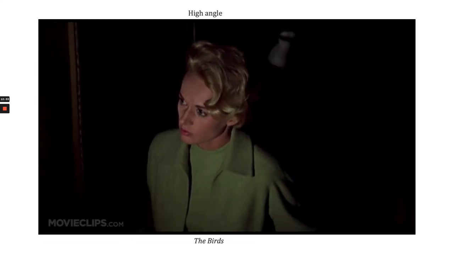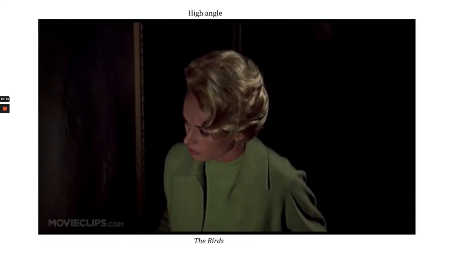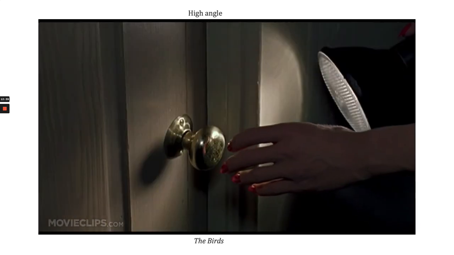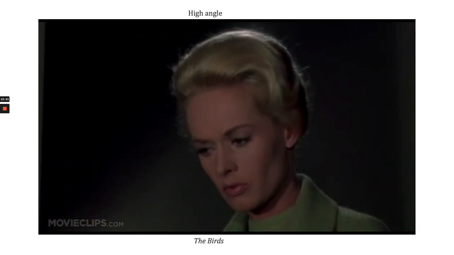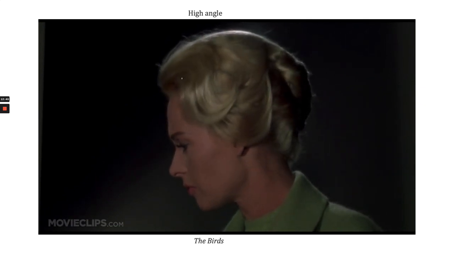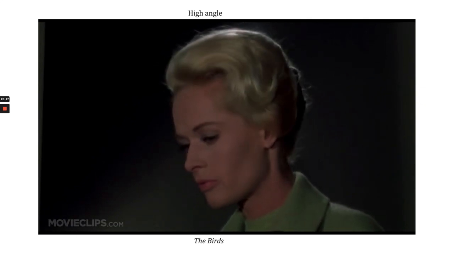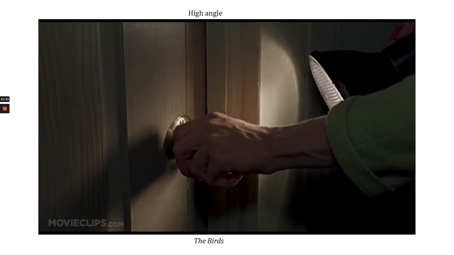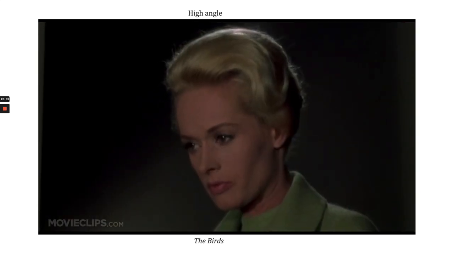The first one comes from The Birds, and you see Melanie walking up. She hears some strange noises in the attic. There's been some bird attacks already, and so she's going to go in. We see the high angle shot as she walks up the stairs to show her vulnerability. We see a close-up here to continue to identify with her and the suspense of her opening up the attic door.